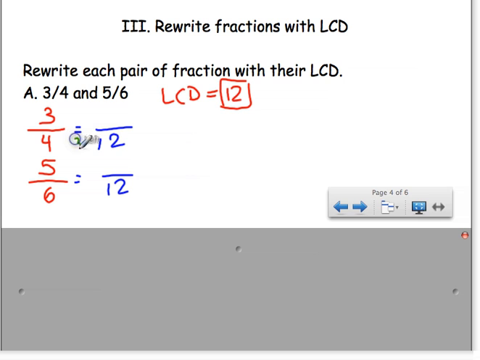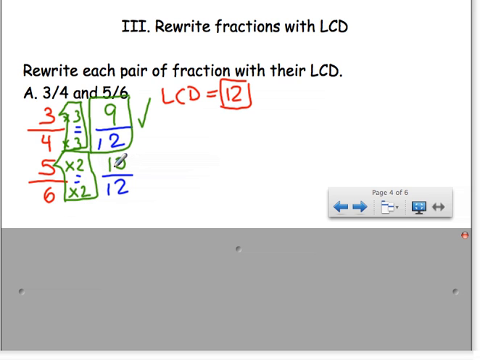I know 4 times 3 would be 12, so that means I would multiply the numerator also times 3. 3 times 3 would be 9, and my first fraction would be rewritten as 9/12. I know 6 times 2 would get me 12, so for the second fraction I would have to multiply the numerator and denominator by 2, so that's a fancy one. And 5 times 2, this would rewrite as 10/12.